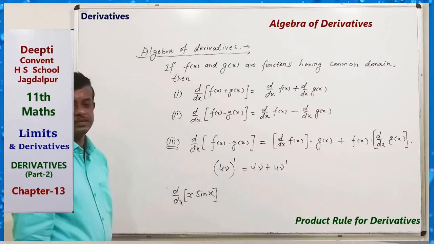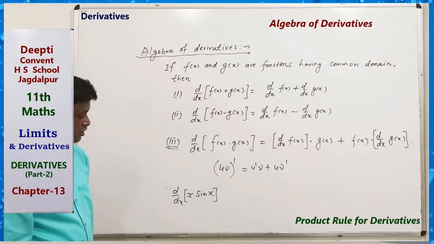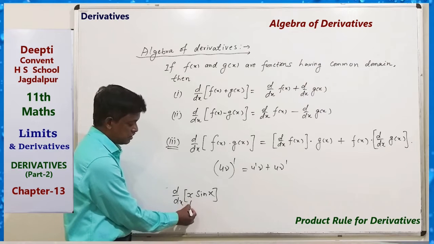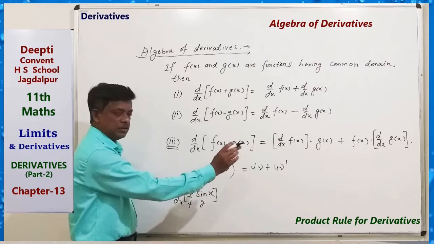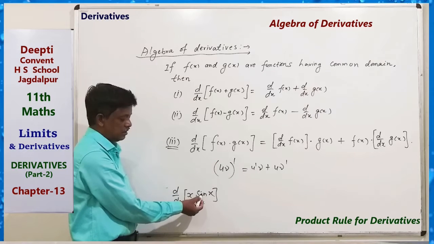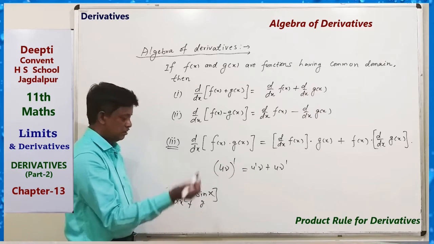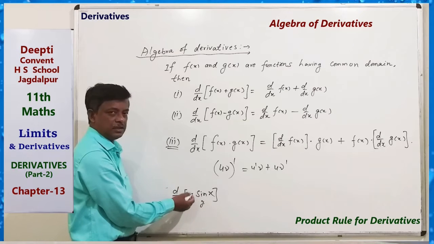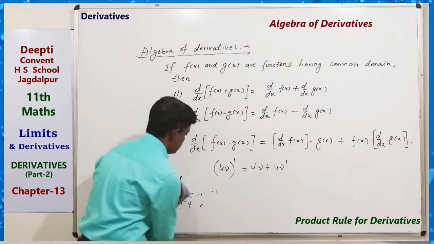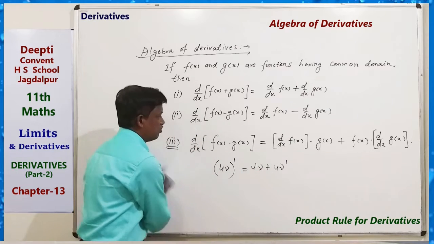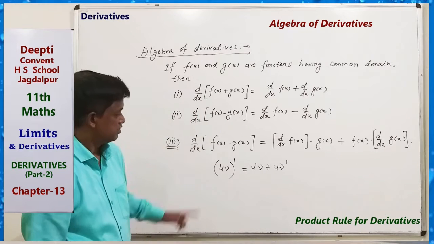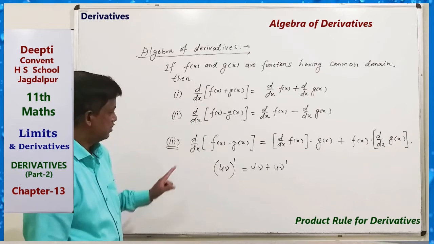This is the first function, this is f, this is g. Then you can differentiate: take the first as it is, plus take it as it is and its derivative. So we will use this formula, the derivative of the product of two functions. Clear?